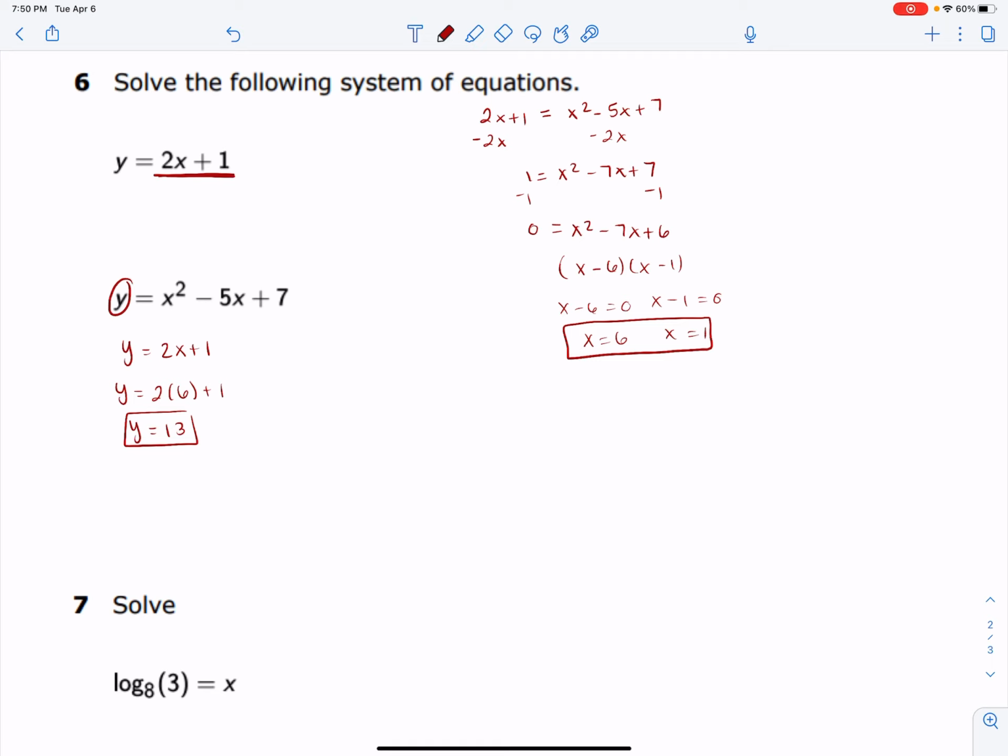So one of my answers is the ordered pair (6, 13), and the other, y = 2 times 1 + 1, so y = 3. So my other ordered pair is (1, 3).